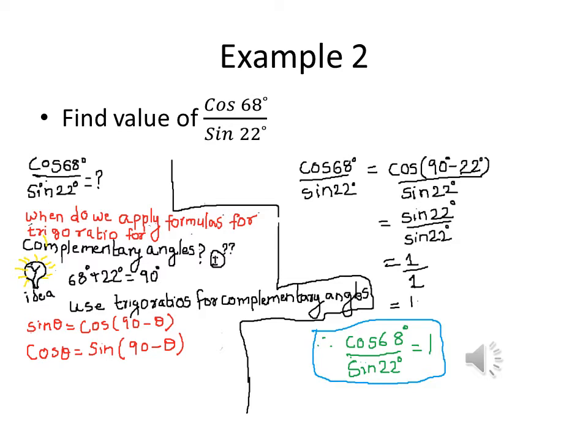So cos 68 is cos of 90 minus 22 upon sin 22. Now cos of 90 minus theta is sin theta. So theta is 22. So I have written cos of 90 minus 22 as sin 22 upon sin 22, which is equal to 1 upon 1 equal to 1. So the final answer is cos 68 upon sin 22 equal to 1.